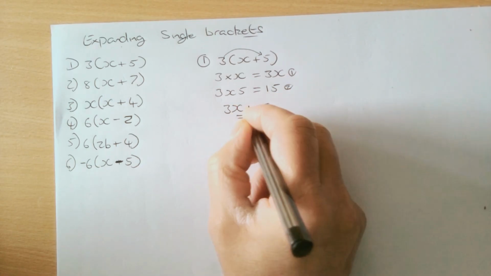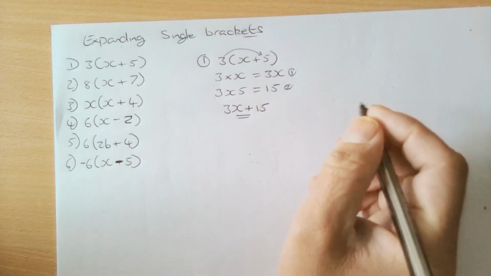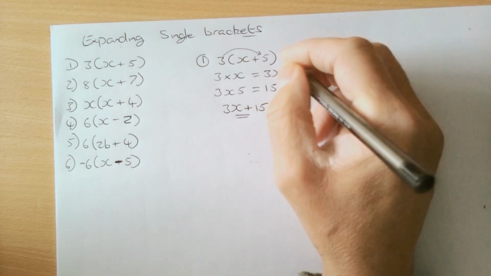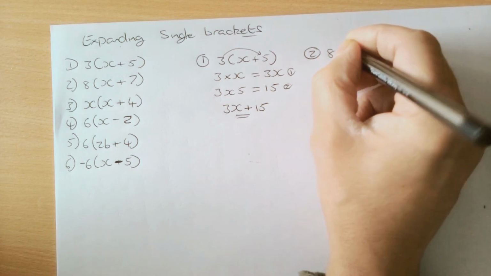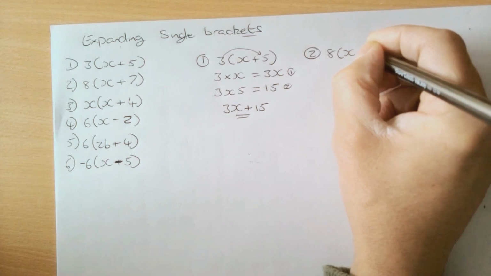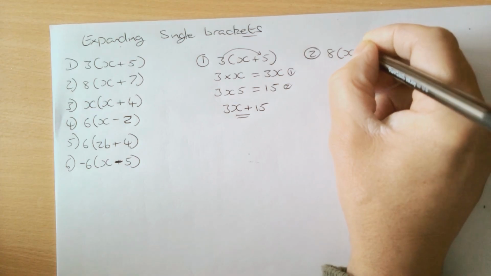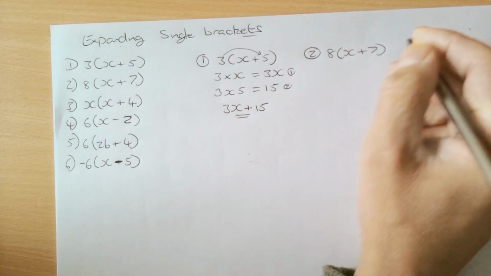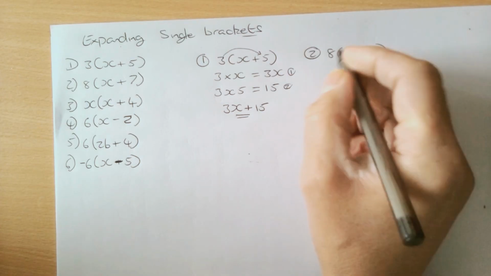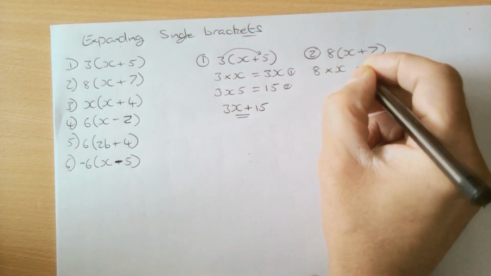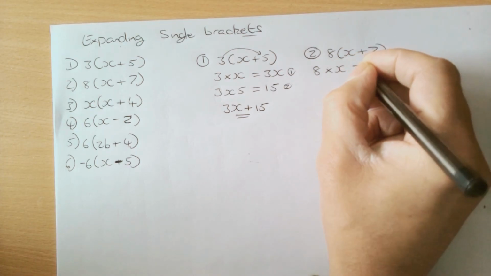Okay, let's take a look at number 2. Number 2 is 8(x plus 7). Same as the previous one. It's going to be 8 times x, well, 8 times x equals just 8x.